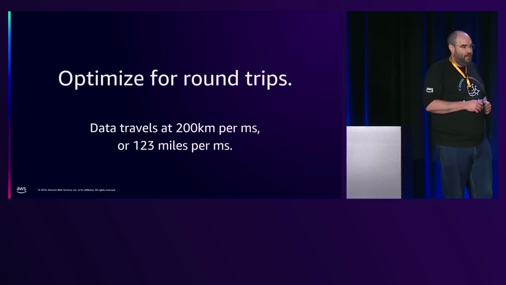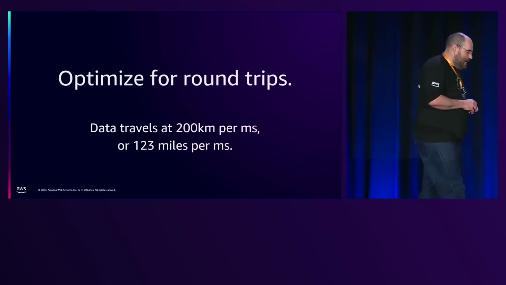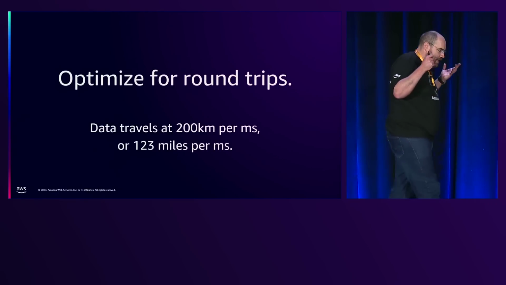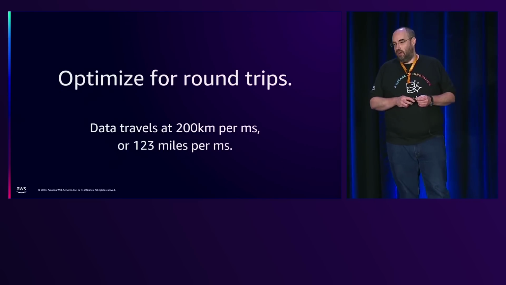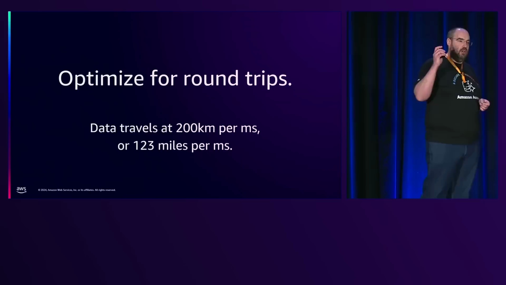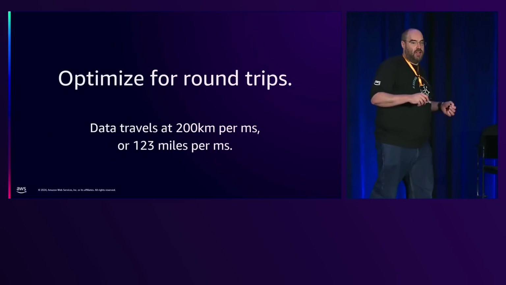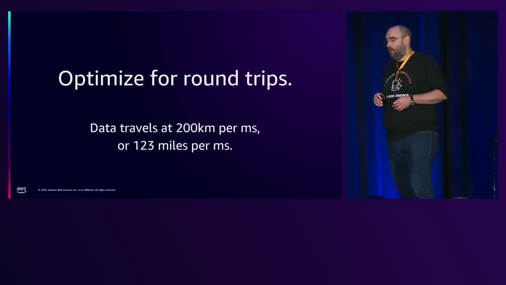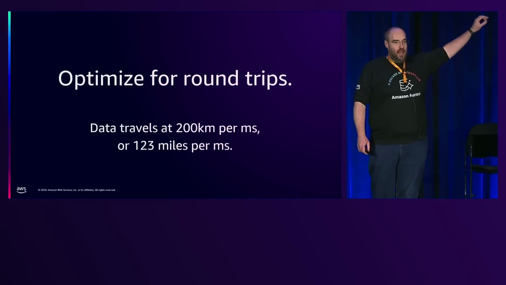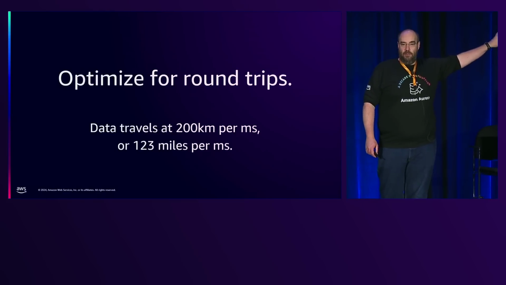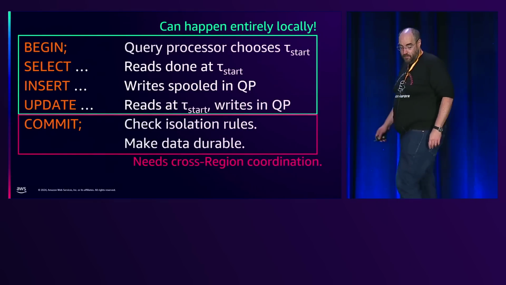That sounds extremely fast, and it is, slightly faster than I can run, apparently. But it's actually quite slow when you're crossing an entire continent or crossing the globe. And so you want to incur the cost of those crossings of large geographies as infrequently as possible. In fact, the whole game of performance in multi-region databases is about optimizing for that number of round trips.